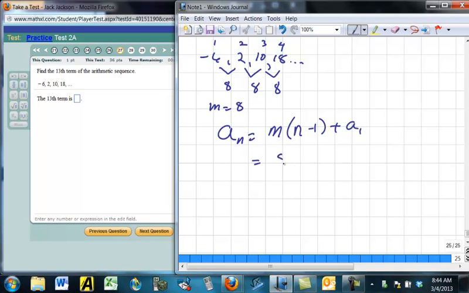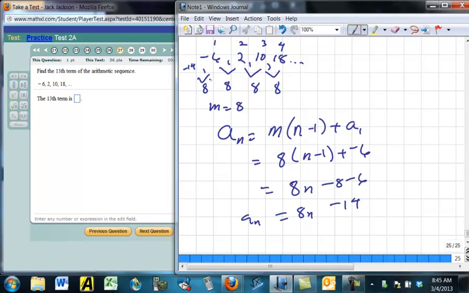So the slope is 8, n minus 1 plus a1, negative 6. Now if you distribute, that's 8n minus 8 minus 6, which is negative 14. You can write it that way. That would be negative 14, so you add 8 and you get negative 6. That would be the 0th term. That's really not there, but that's what that one is.